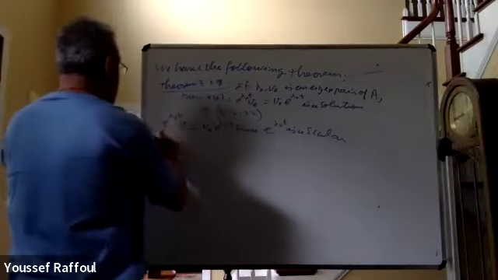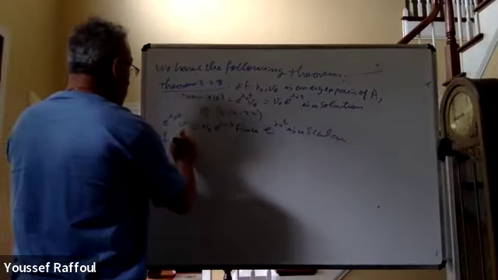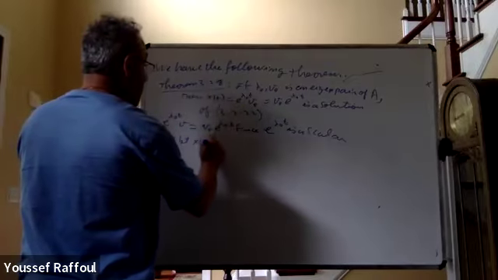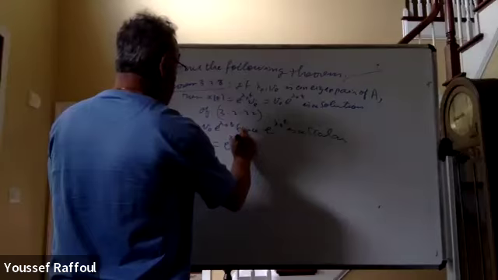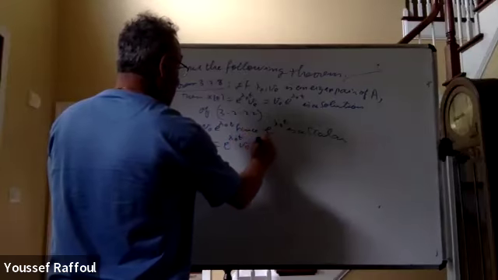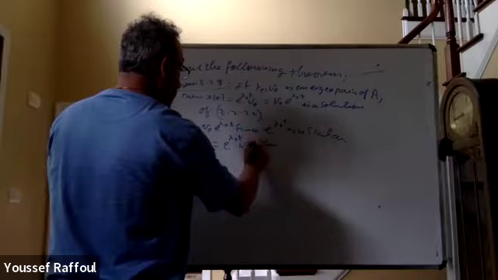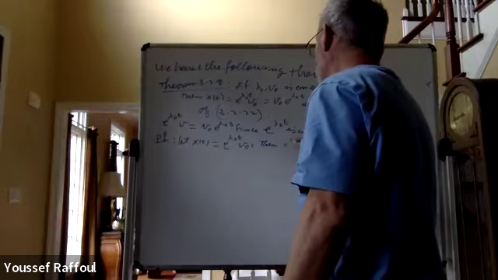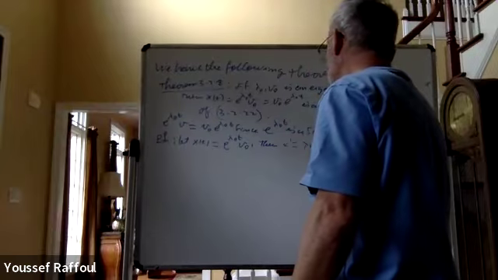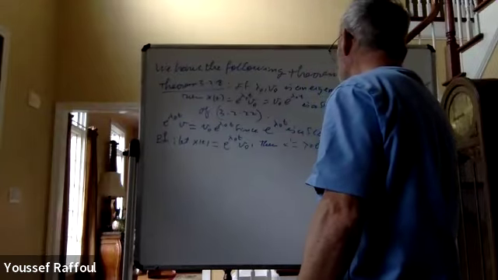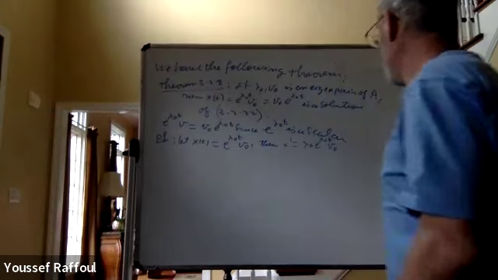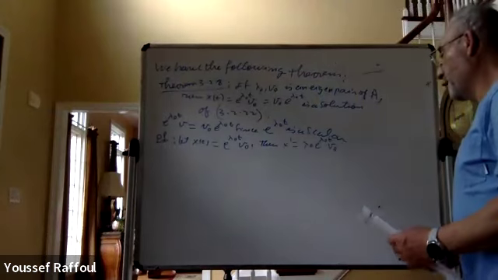So the proof is very simple. Let x of t equal e to the lambda 0 t v0. Then x prime equals lambda 0 e to the lambda 0 t v0, right?